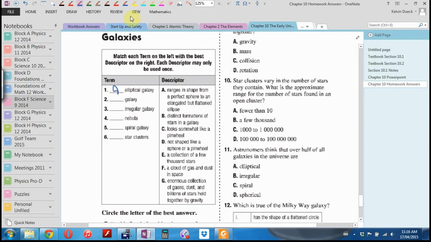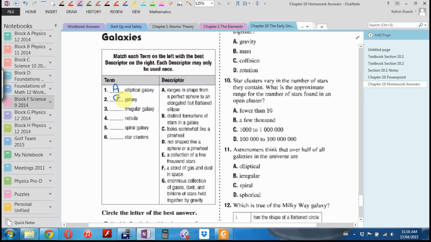Let's try that again, Mr. Dueck. An elliptical galaxy is round or all the way flattened out to a cigar. A galaxy, enormous collection, you know what? G. Oh, G for galaxy, that works well.